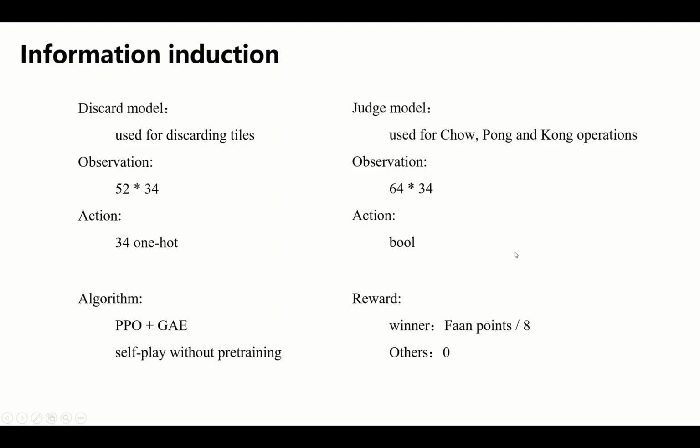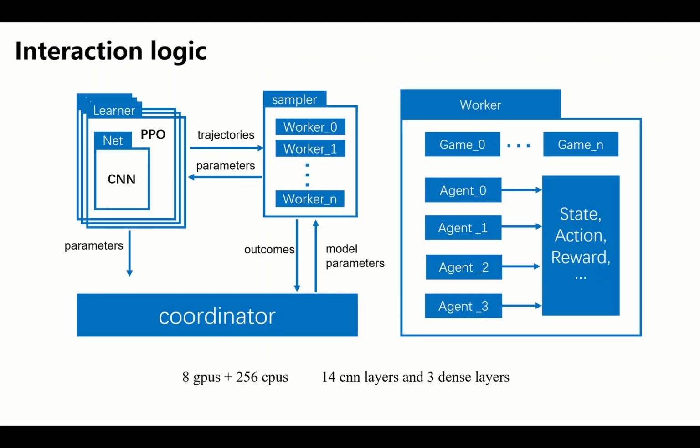The algorithm we use is the classical PPO. The model is trained from scratch, and the reward is the fans of the winner at the last round, which is sparse. The interaction logic was close to IMPALA, but it used PPO as the training algorithm.